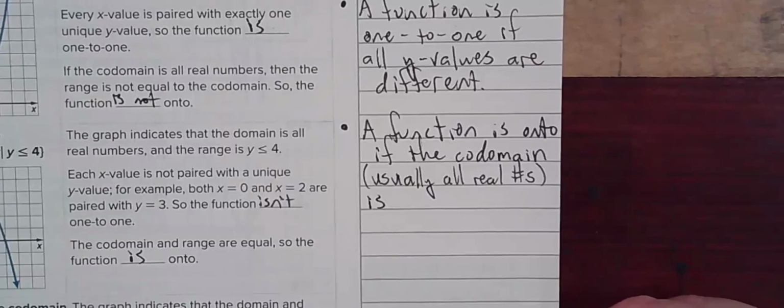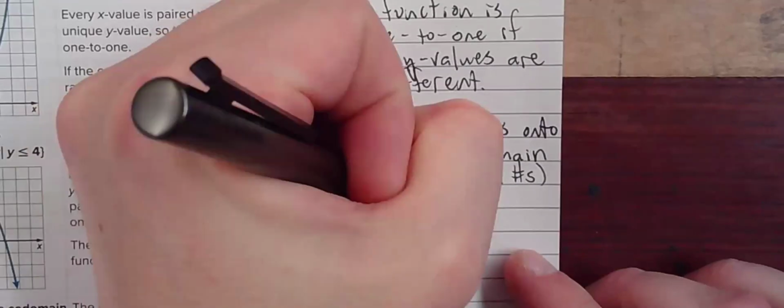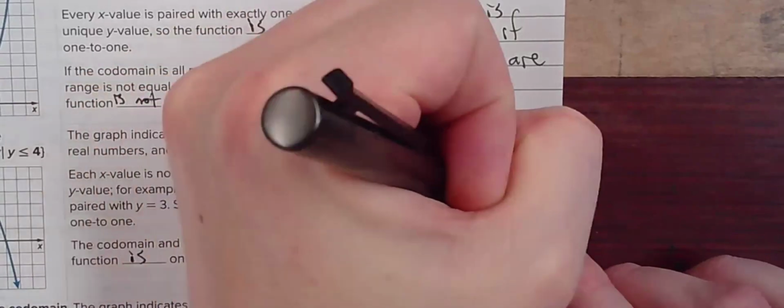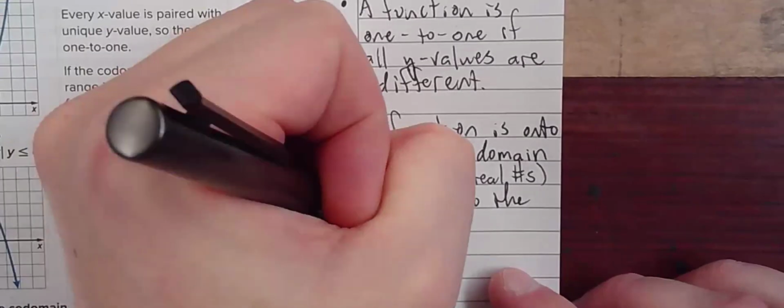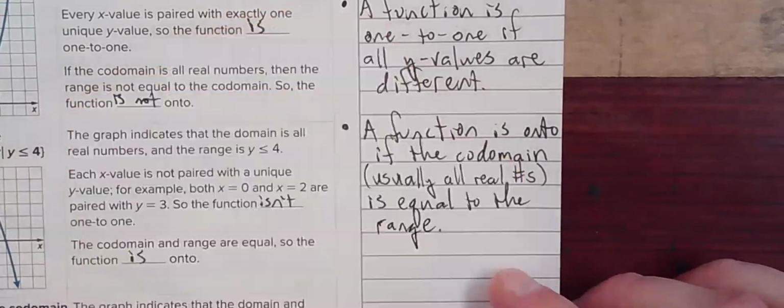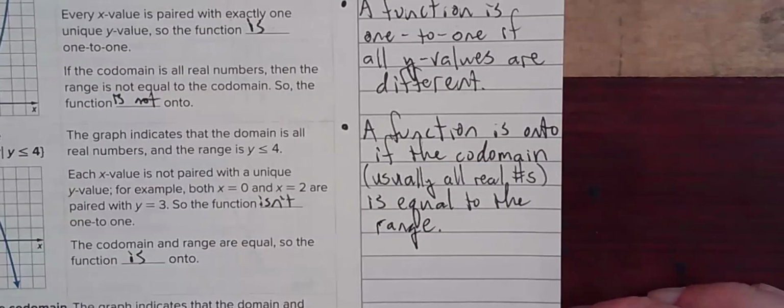The codomain is equal to the range. Yeah. If the assumed values of y, the codomain, are all equal to the actual values of y, the range, that would make it an onto function.